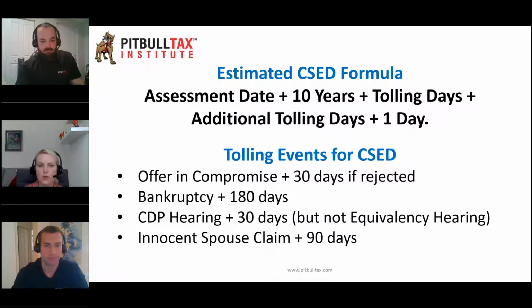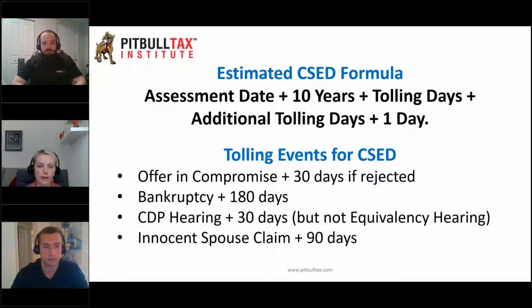Let's see what tolling events for CSED there are. Offer in compromise tolls the collection statute plus an additional 30 days if it is rejected. Remember, only if rejected does it add 30 days. If the offer in compromise is accepted, it's not going to add this additional 30 days.